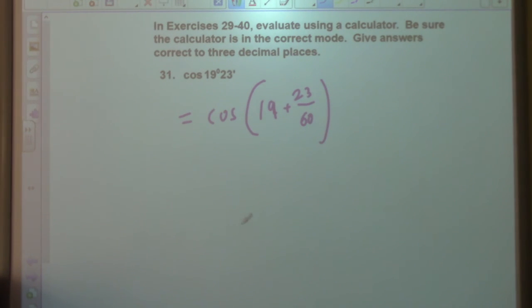Cosecant is 1 over sine. Convert those 23 minutes into degrees, and then you would get it, right? So I'll choose somebody here for number 31. What did you just do? 19 plus 23 over 60?